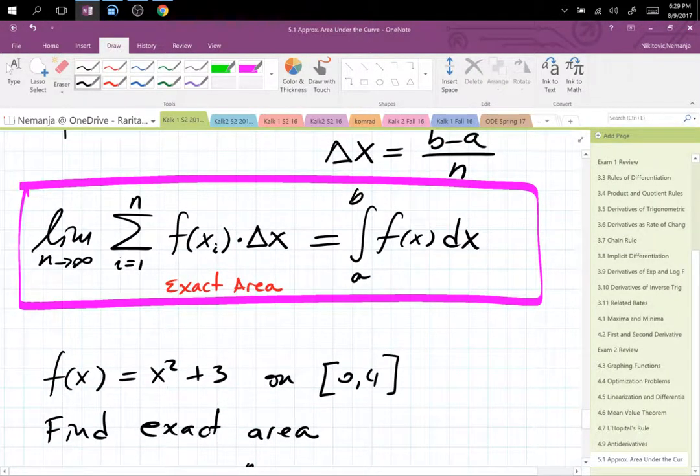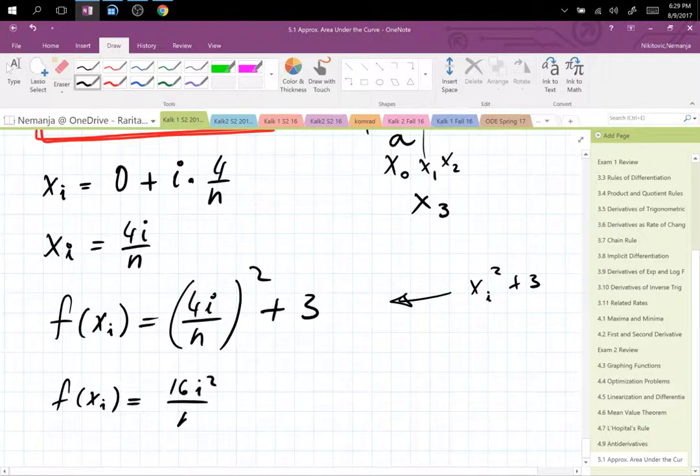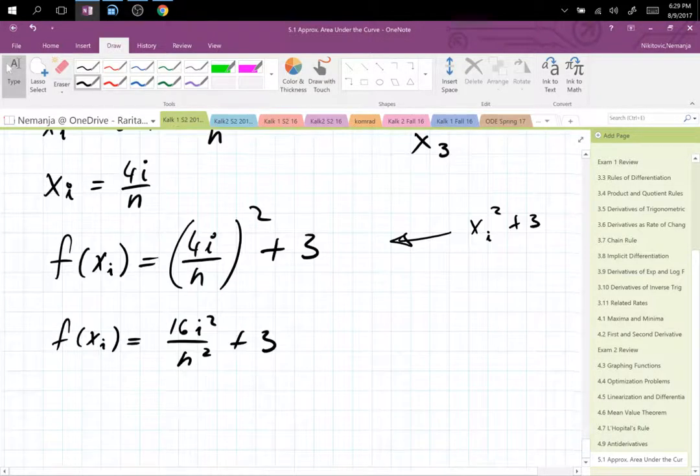Yep. So this over here is xi squared plus 3 because that's the formula that was given to us. And we work that out as 16i squared over n squared plus 3.